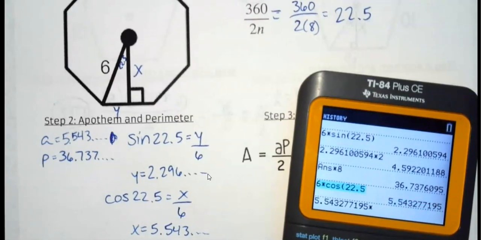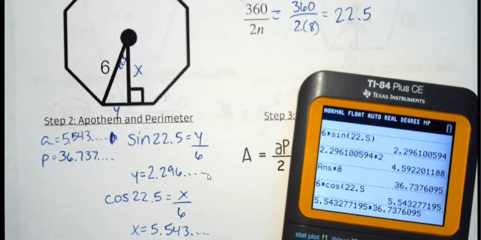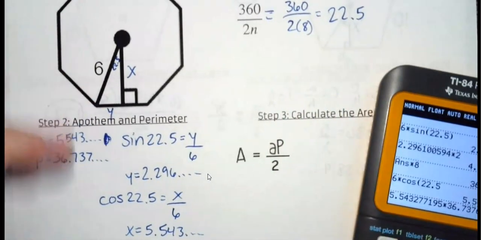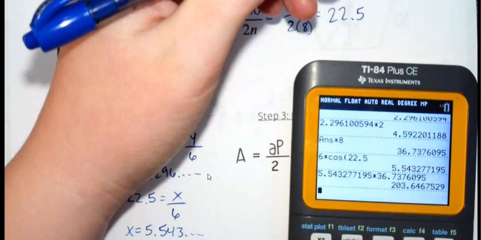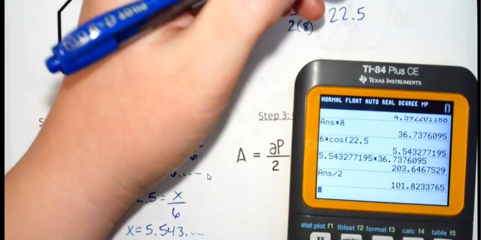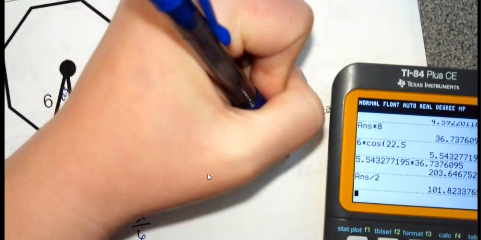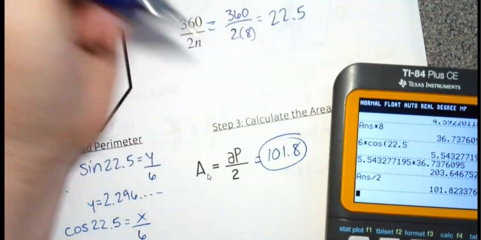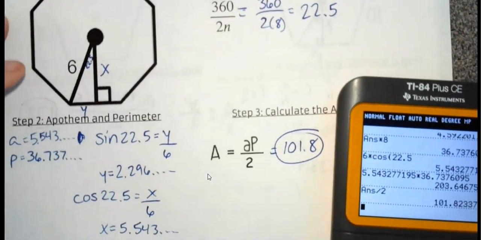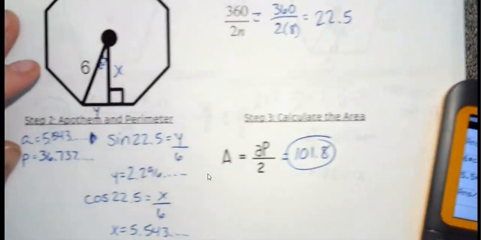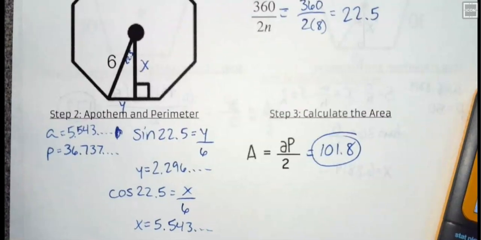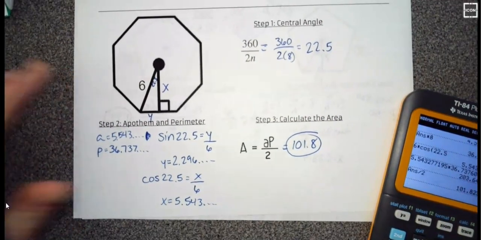The way you do that is you go back up and highlight them, click enter, and then divide them by 2, and you're going to get 101.8. So your apothem times your perimeter divided by 2 is going to give you your area.